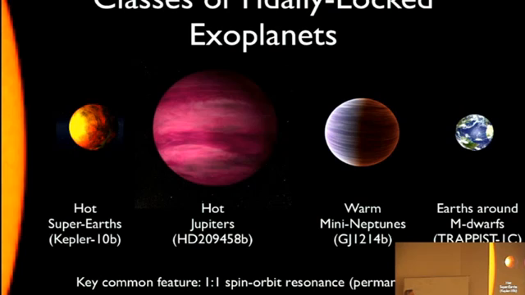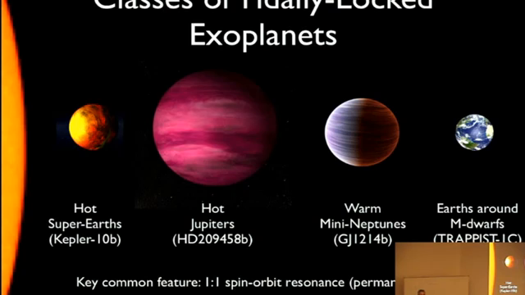The key feature of all these planets, which is related to the way astronomers find such planets, is that we believe they're tidally locked. We believe they are in one-to-one spin-orbit resonance with their rotation. A lot of the techniques that have been used, radial velocity and transit, to find extrasolar planets favor finding planets that are very close to their star.